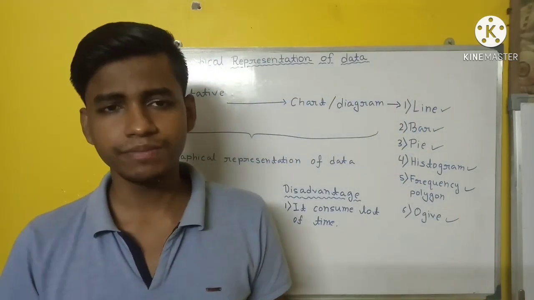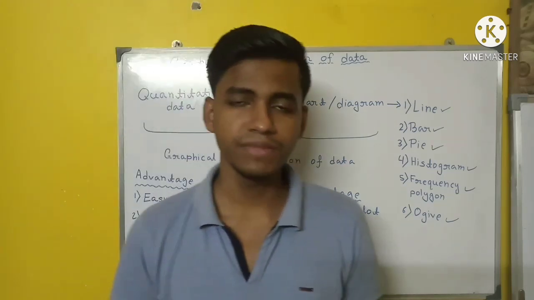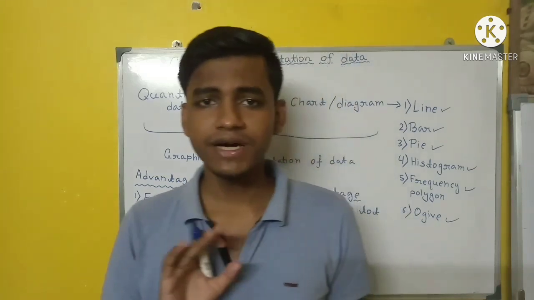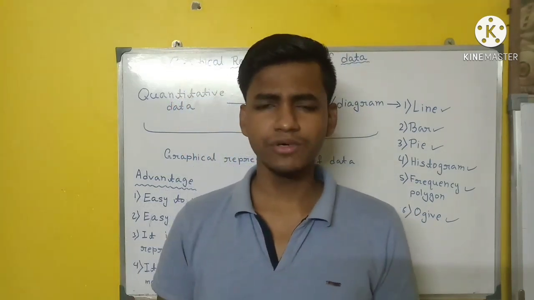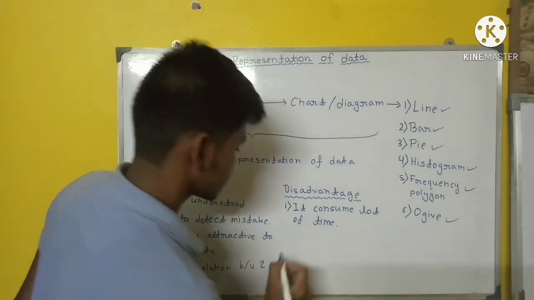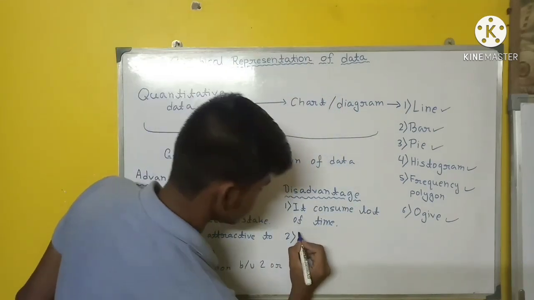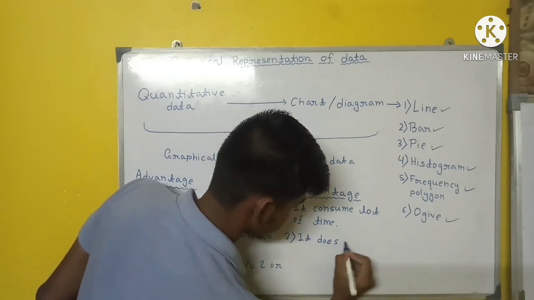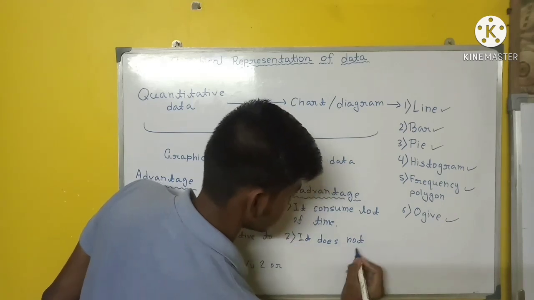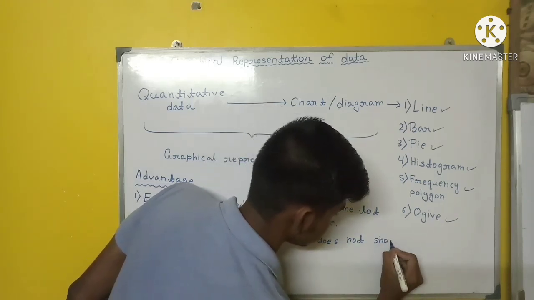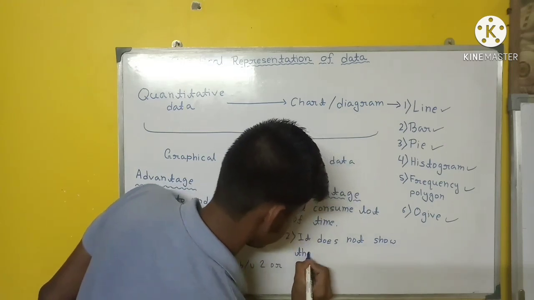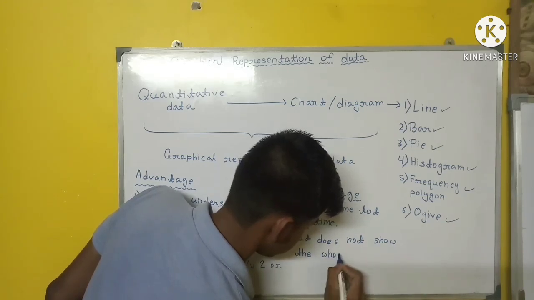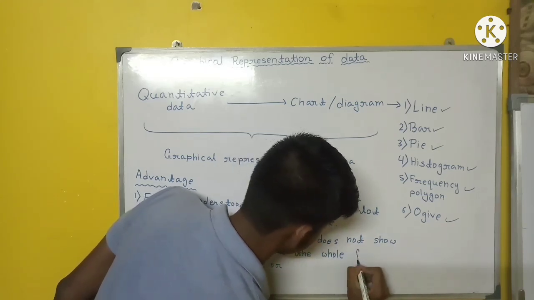So maybe it is very easy to understand, it is very easy to detect the mistake, the error, but it will never tell you the total fact about a particular thing. So the second thing is, it does not show the whole fact or details.